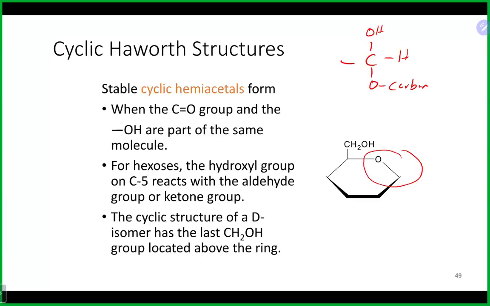So let's talk about how we actually go from the straight chain into a ring structure. Let's just draw a random made up sugar.